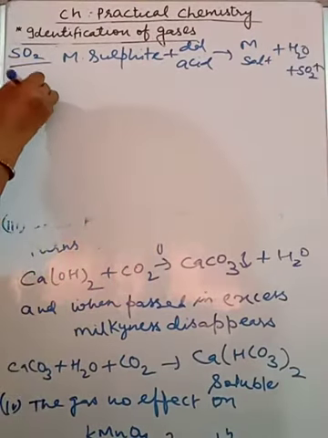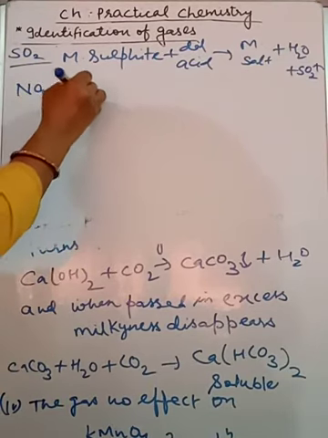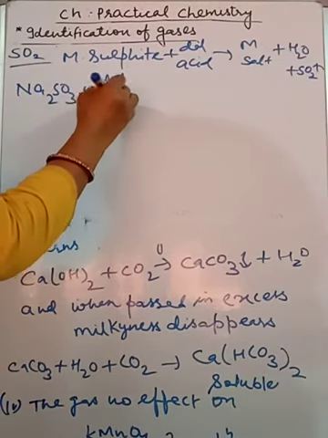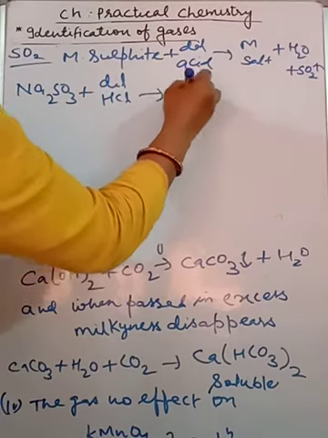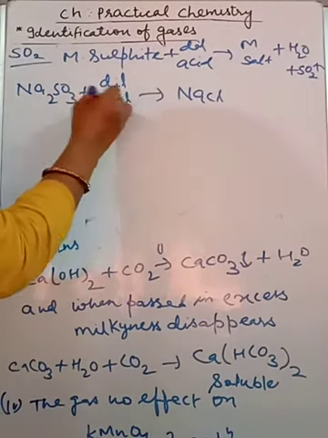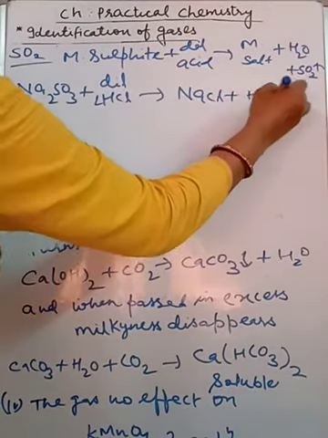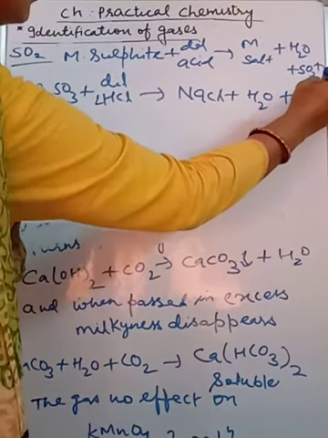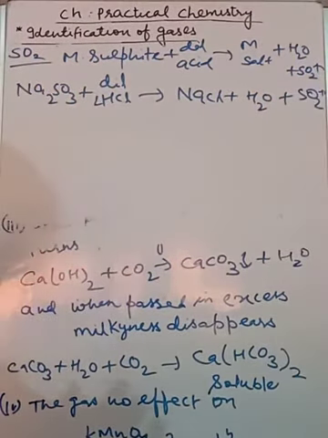For example, take Na2SO3 plus dilute HCl. Here we will get salt NaCl plus water molecule plus SO2. Correct? How can we identify this gas now?